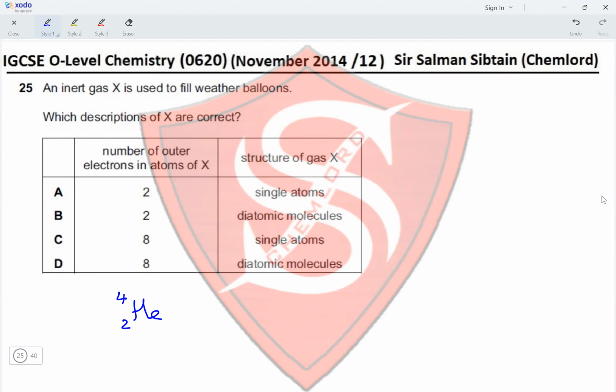So we have two outer electrons in atoms of X, eliminating option C and D. And structure of gas X would be monoatomic, which means single atom, and not diatomic molecules because all noble gases are monoatomic. So this eliminates option B and makes option A the correct option for this question.